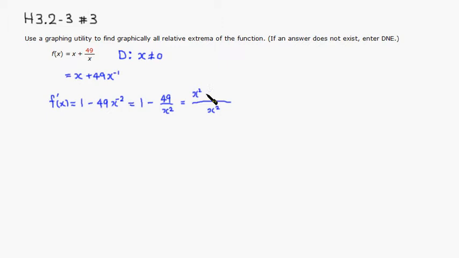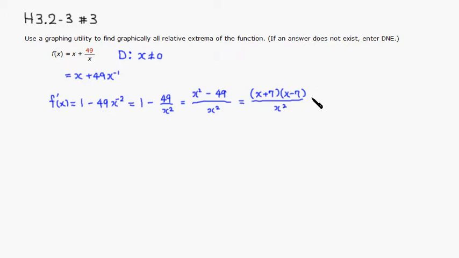Then you have minus 49 over x squared. Luckily, we can factor out the top, so this is going to be x plus 7 times quantity x minus 7, all over x squared.